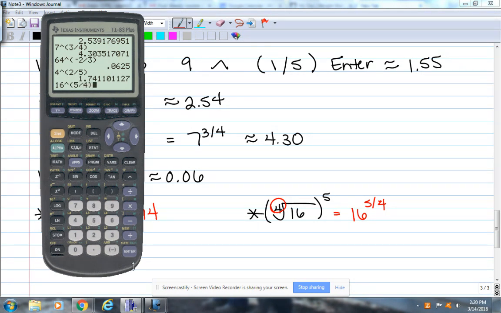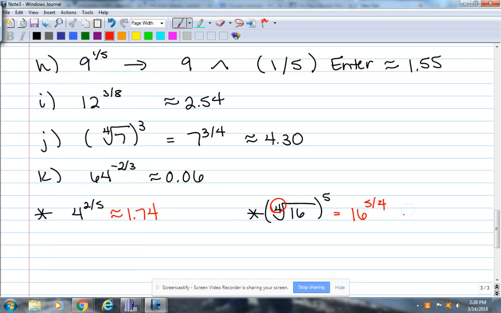You get a whole number? You should have. 32? Y'all get 32? It's equals. If you're not rounding, it's equals. Y'all understand? Yeah, because you did it the other way. Y'all understand? The denominator will be your index and vice versa.